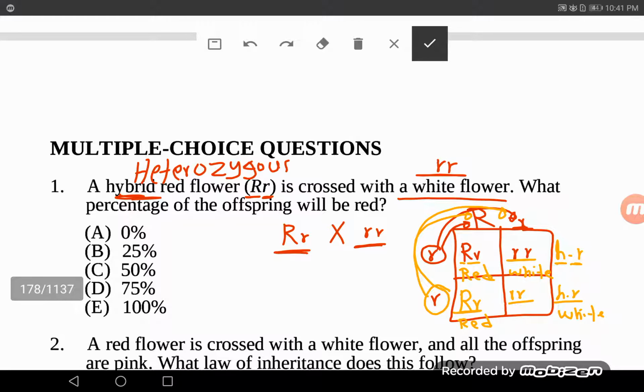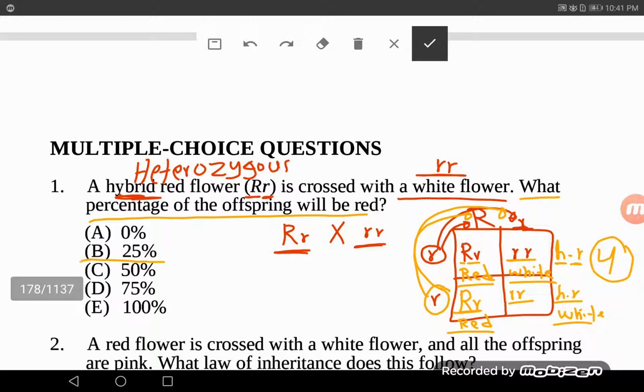Now let us read the question. It says, what percentage of the offspring will be red? We have 4 flowers. As we can see, we have 2 reds and 2 whites, so 50% of the flowers will be red.